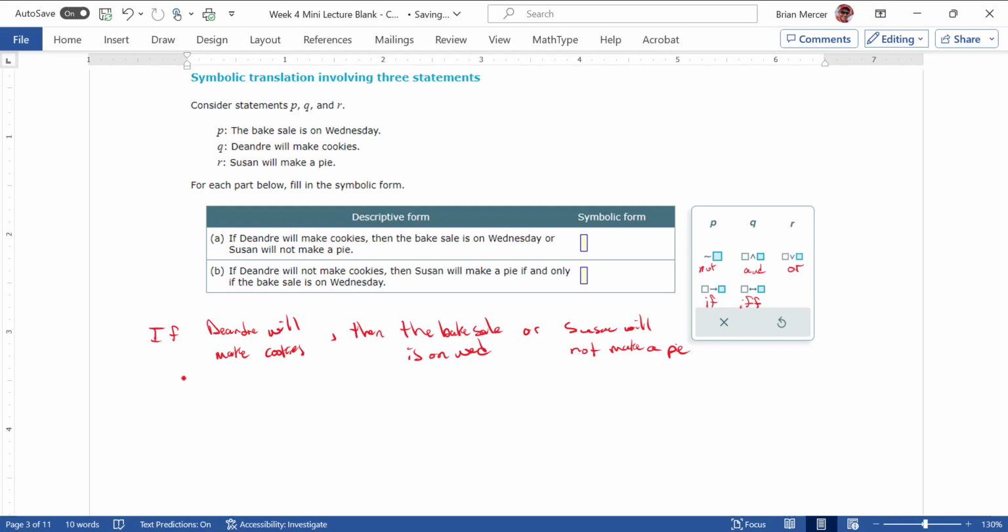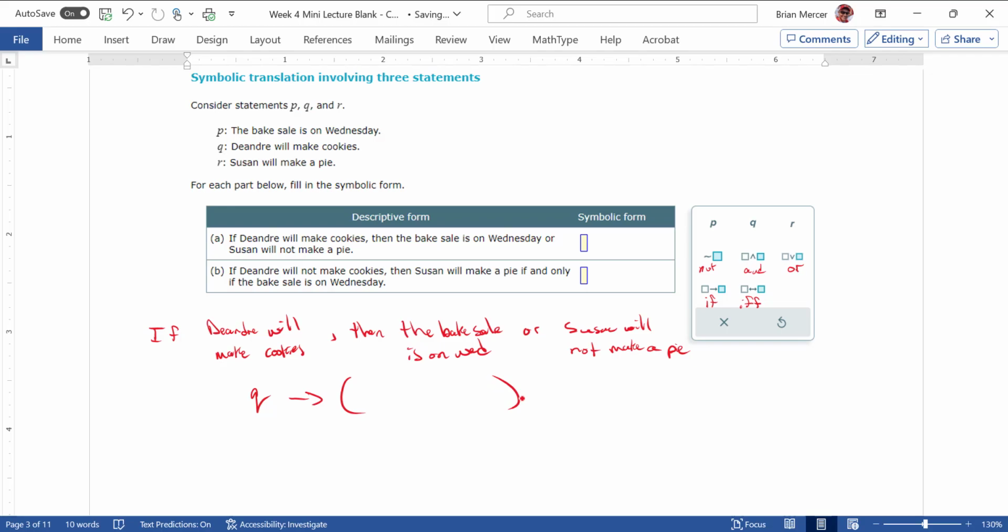So we've got the if statement. DeAndre will make cookies. That is Q. If then, so that's implication there. So Q implies what? So if DeAndre will make cookies, then a grouping.